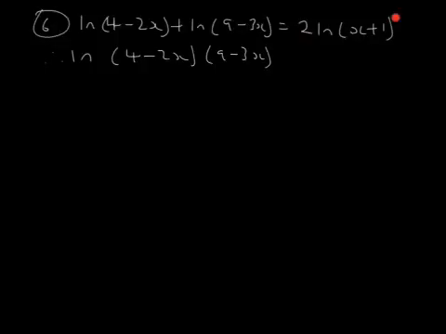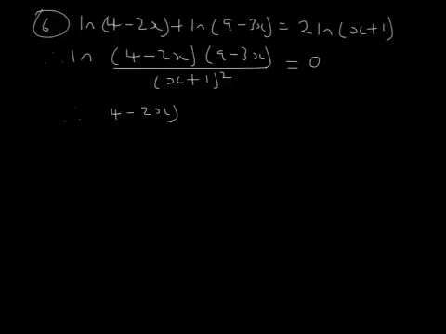This 2 goes inside as a power, on the other side it becomes a minus, so when we do a minus it's divided by x plus 1 squared, and that's 0. So therefore 4 minus 2x times 9 minus 3x, well ln of 1 is 0, so all of this bit has to equal 1, so we then get x plus 1 squared on that side.